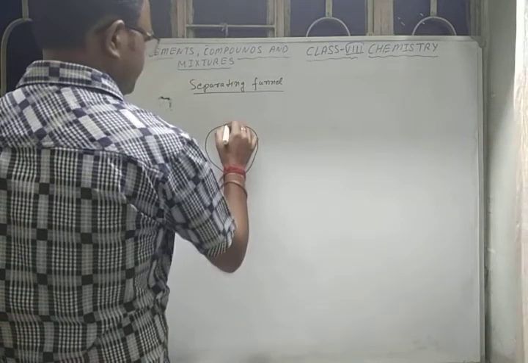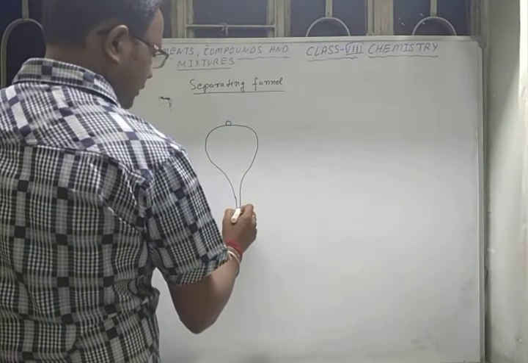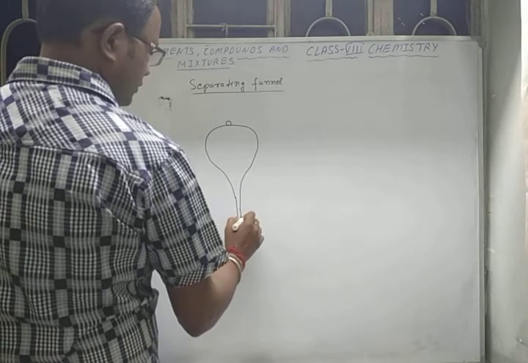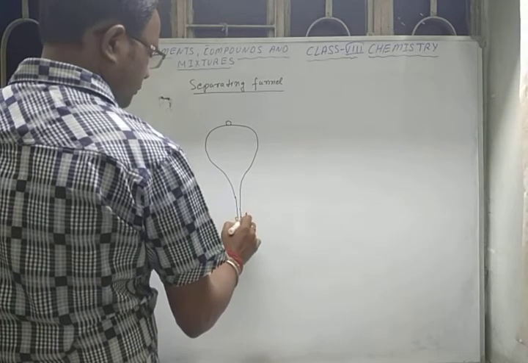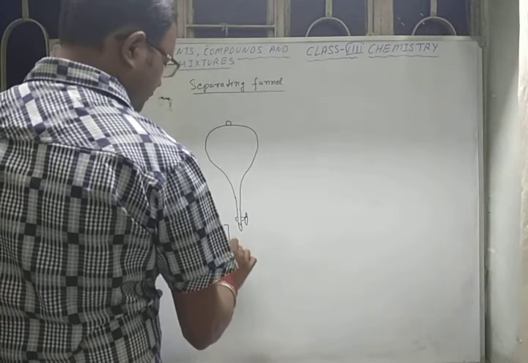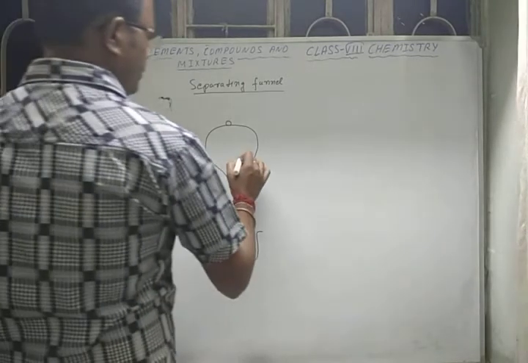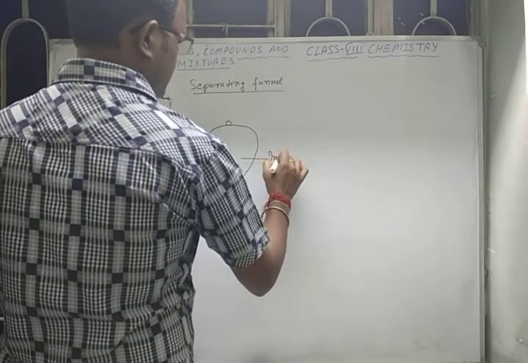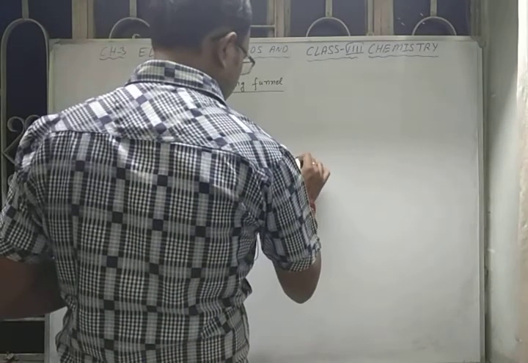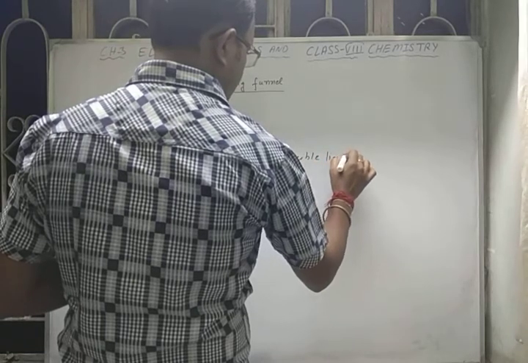This separating funnel has a stopcock here. We have to use a beaker to collect the liquid. Here we have to use immiscible liquids; it is only used for immiscible liquids.